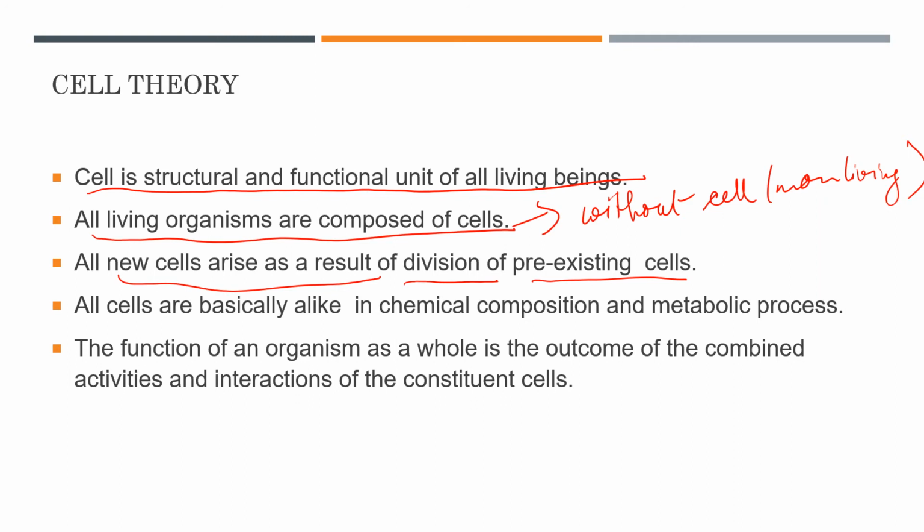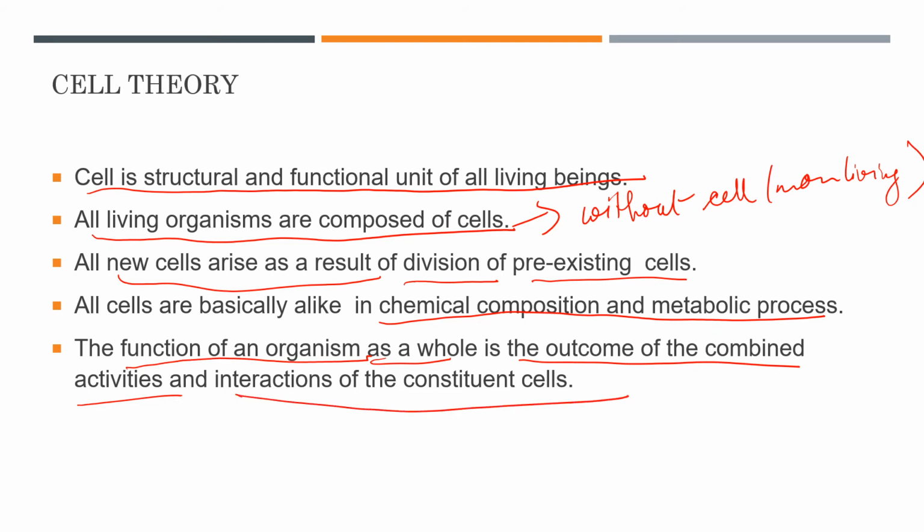They have the same type of chemical composition, and they have the same type of metabolic process. The function of an organism as a whole is the outcome of the combined activities and interactions of the constituent cells.